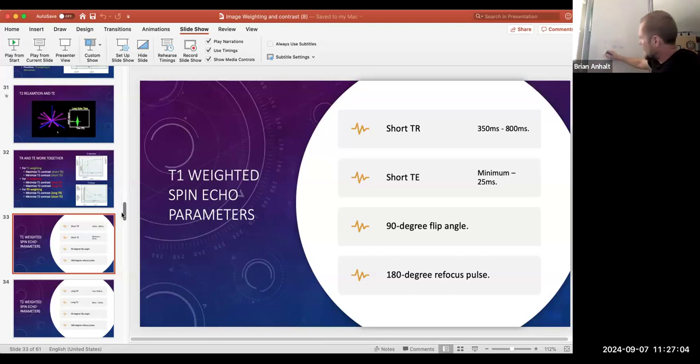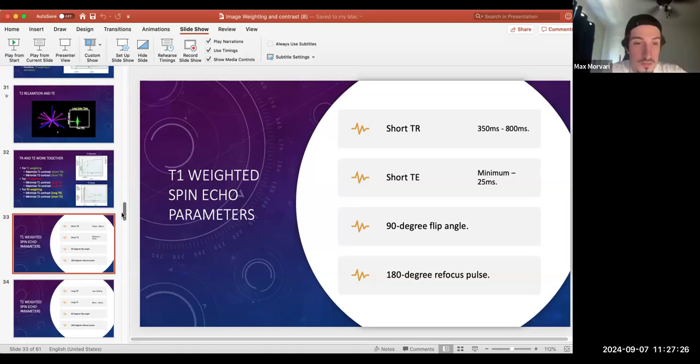A short TE will be considered 0 to 25. The reason I say minimum to 25 is because 0 is impossible, right? We have to refocus and get rid of the dephasing due to inhomogeneities and susceptibilities. That takes time.